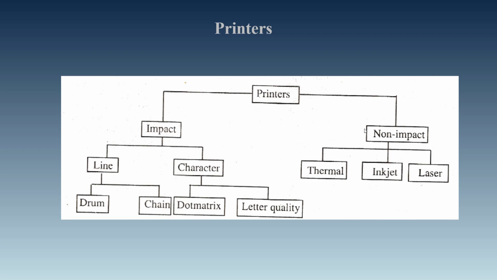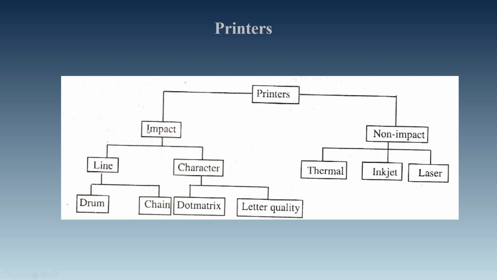In the same manner, the printer uses a print head to draw something, to write something on the paper. It's called the print head. In case of an impact printer, there is direct contact between the paper and the print head. But in case of a non-impact printer, there is no direct contact between the paper and the print head.